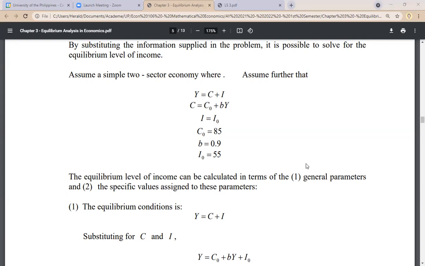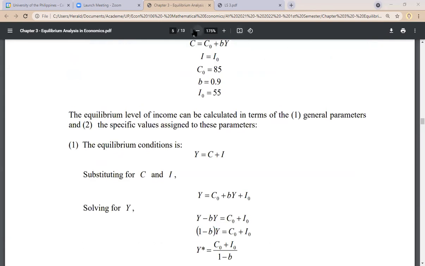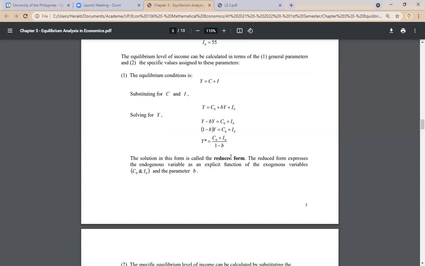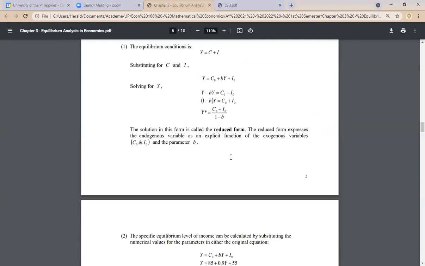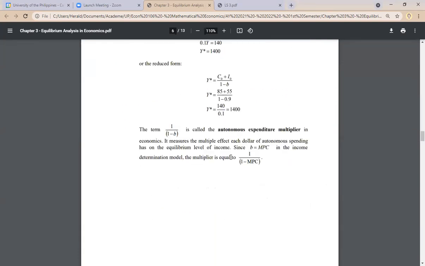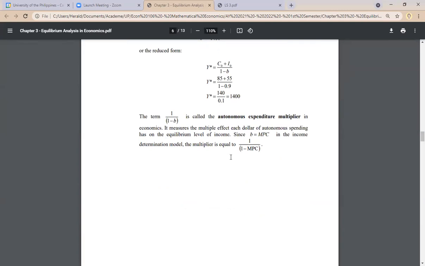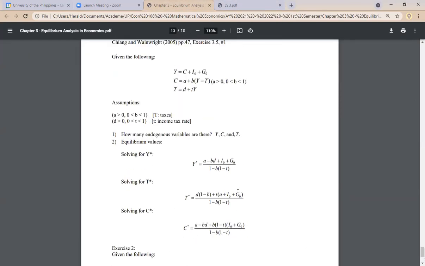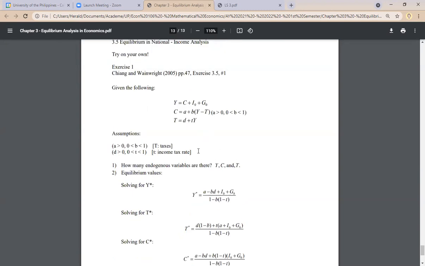Okay, so again, class, you may have noticed that there are times that our analysis is reduced into a four-sector economy or a two-sector economy. There are also cases, class, where we deal with a simple Keynesian model with taxes.